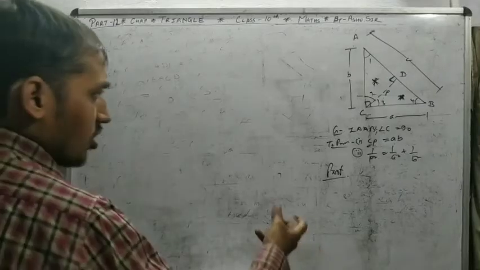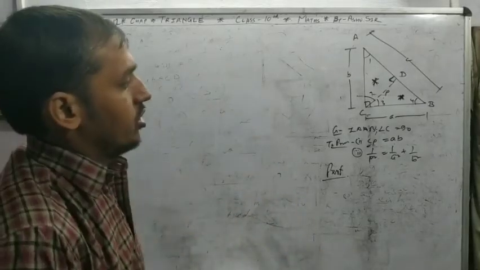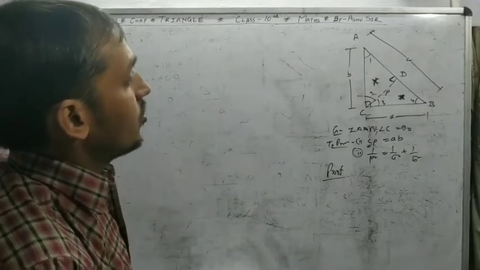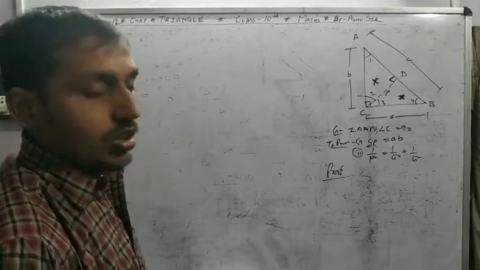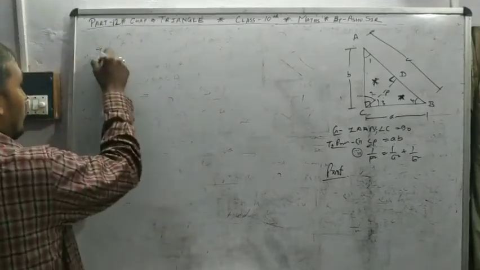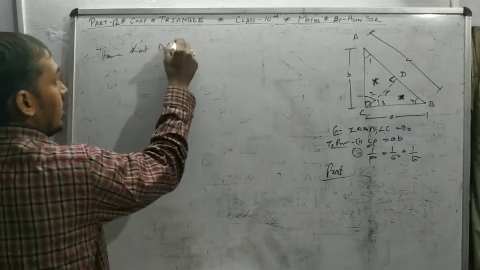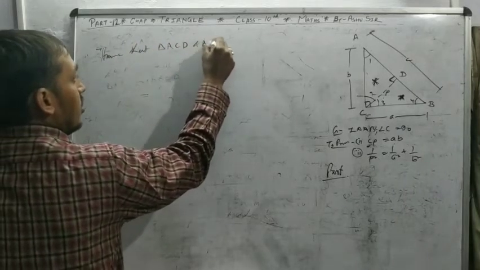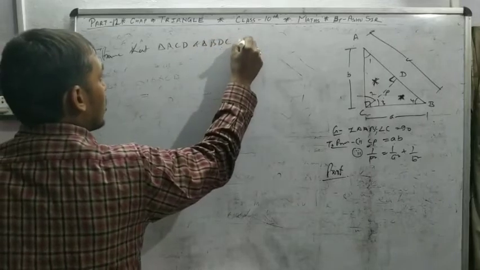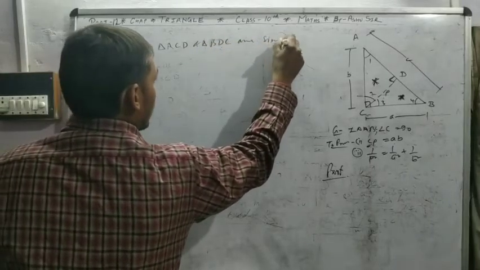One more thing, suppose for the same question, the question wants to prove that triangle ACD and triangle BCD are similar.